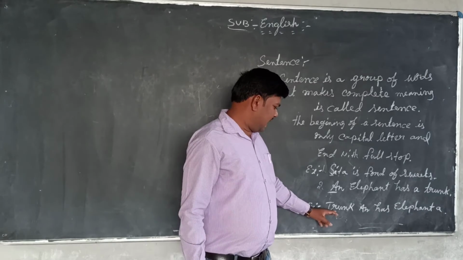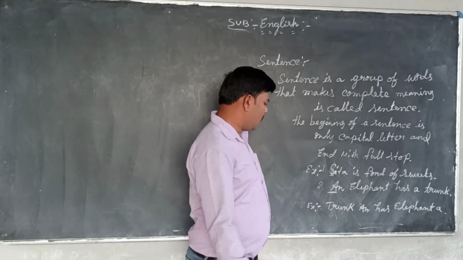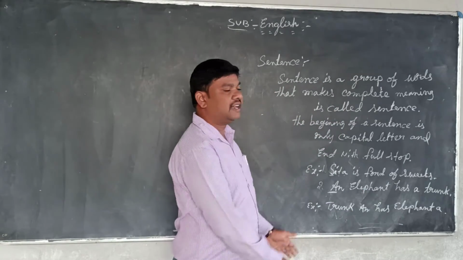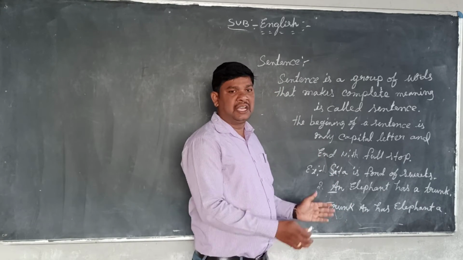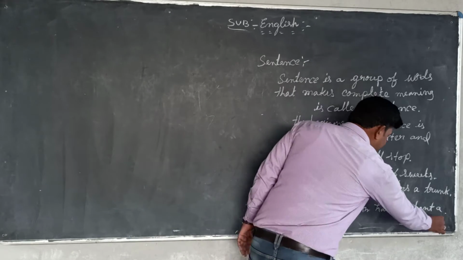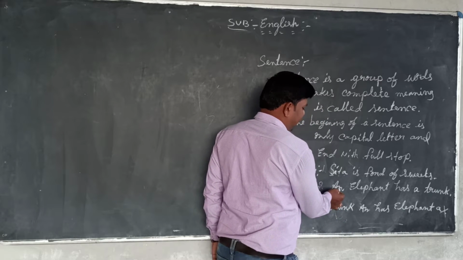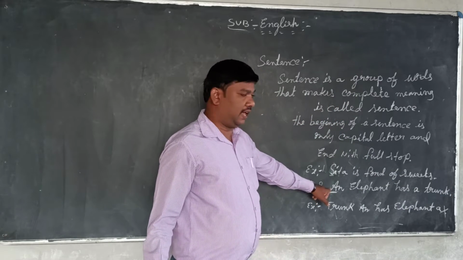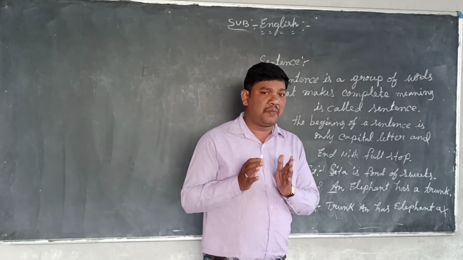The words are not placed in correct order. That's why we do not call this a sentence. Because the order is not correct. Of course, it has a group of words, but it does not convey the meaning. That's why we say this is not a sentence. So what is the correct way? An elephant has a trunk. This is the sentence, but the other is not a sentence.